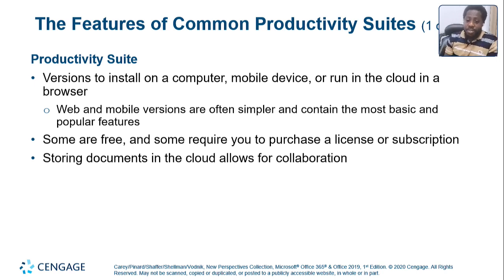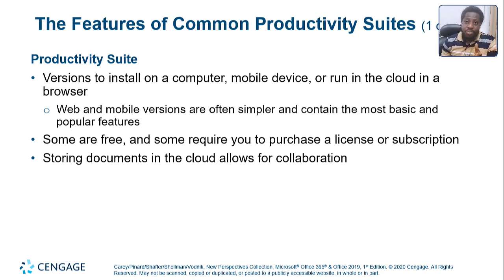We have various versions to install on the computer, others that can fall on the mobile applications, or others that can even run in the browser, from the cloud. And we have web and mobile versions that are often simpler, and contain the most basic and popular features. Some can be free, and others may require you to purchase them.